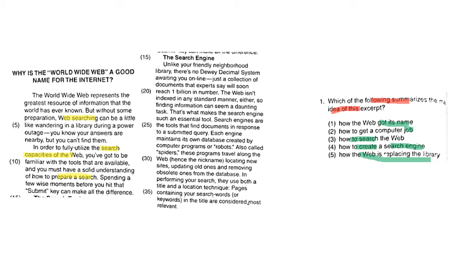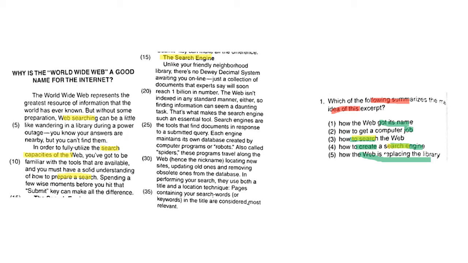So we have talked about searching, and searching is in both answer 3 and 4. And then we have the search engine. Unlike your friendly neighborhood library, there's no Dewey Decimal System awaiting you online. Just a collection of documents that experts say will soon reach 1 billion in number.